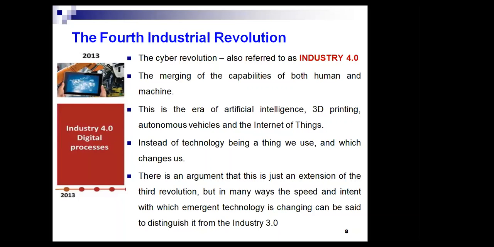And it is also noticed that Industry 4.0 is just an extension of the third industrial revolution. But comparing the speed and the pace at which the fourth revolution is moving, we can clearly distinguish the third industrial revolution and the fourth industrial revolution.